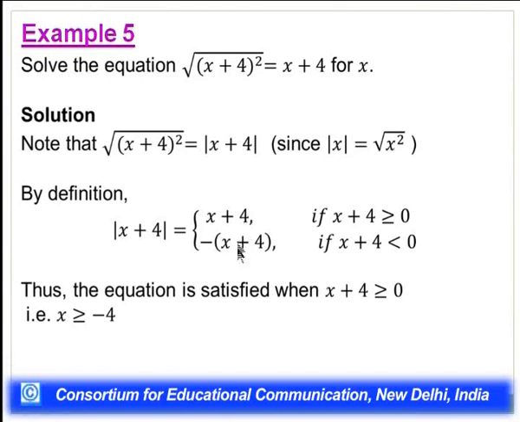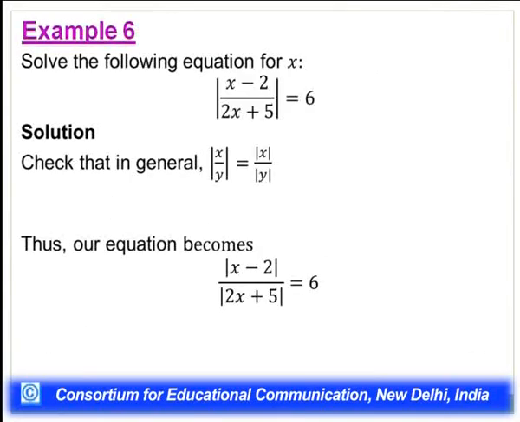So we can say that this equation is satisfied when x plus 4 is greater than or equal to 0, or x is greater than or equal to minus 4, because square root of x plus 4 the whole square is mod of x plus 4, and that is equal to x plus 4, if you see where my cursor is pointing, only when x plus 4 is greater than or equal to 0. So our answer is x is greater than or equal to minus 4.